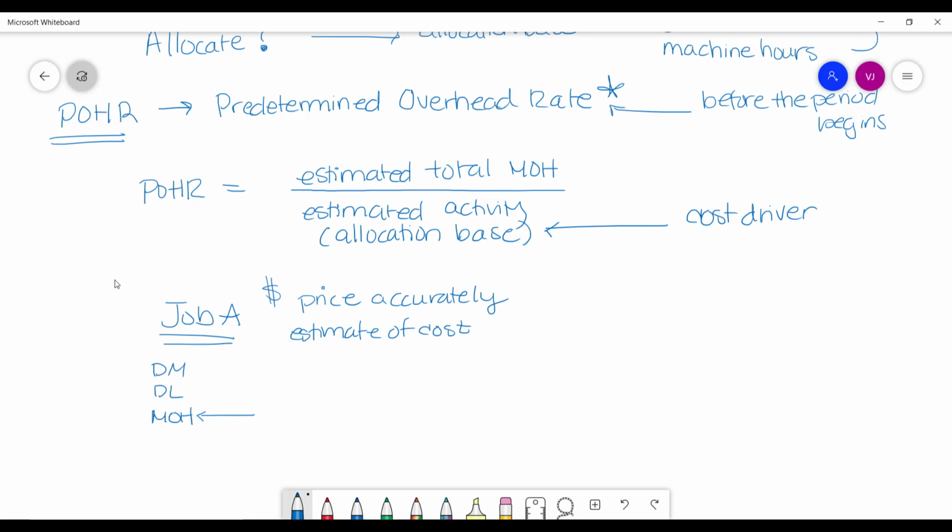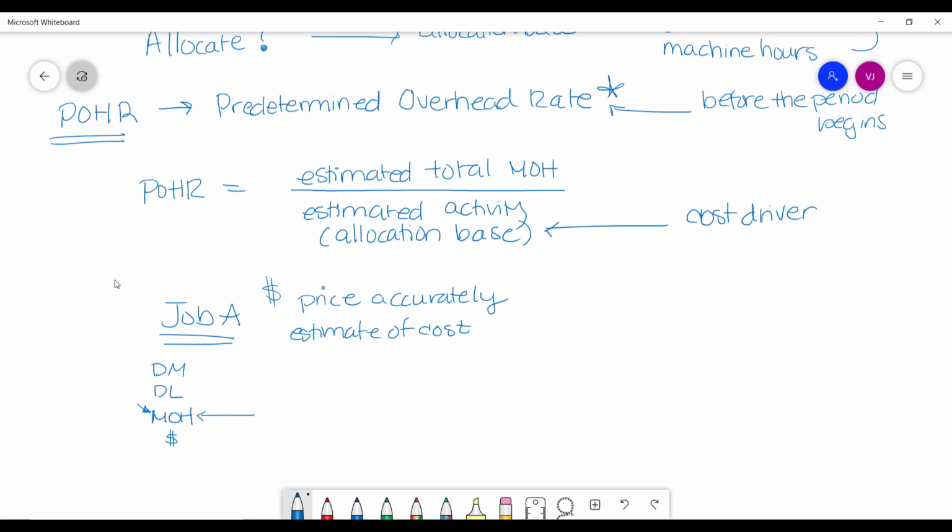So that's why we allocate overhead and apply overhead to a job, even though we might not know exactly the accurate amount of manufacturing overhead that needs to be applied to that job. Later on we'll see what happens if that estimate doesn't match up with what the actual overhead was. Then we fix that later on with some journal entries.